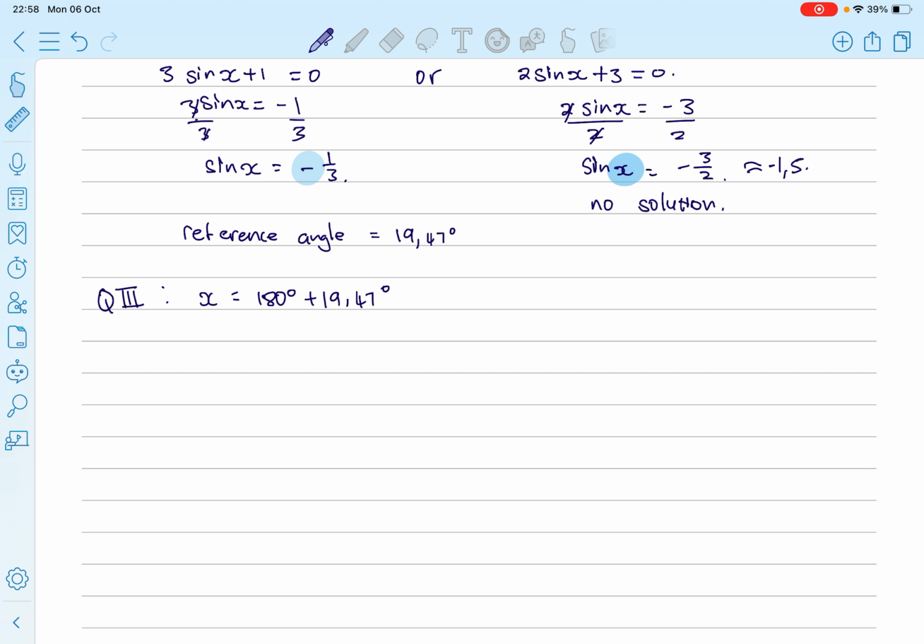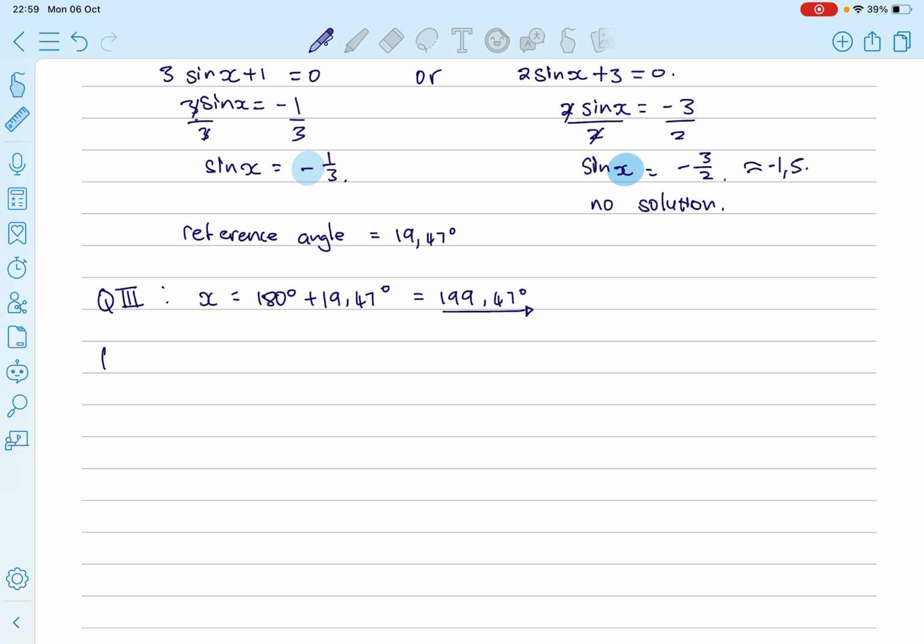That's how we're going to solve for it. And this will be equal to, adding this, 199,47 degrees. So that's our solution for the third quadrant.